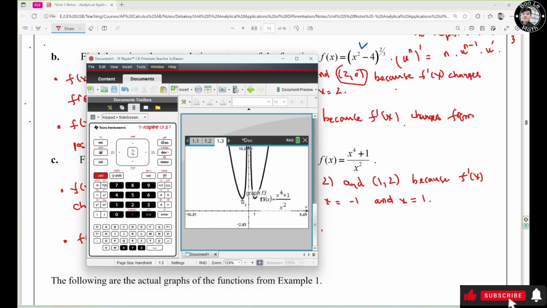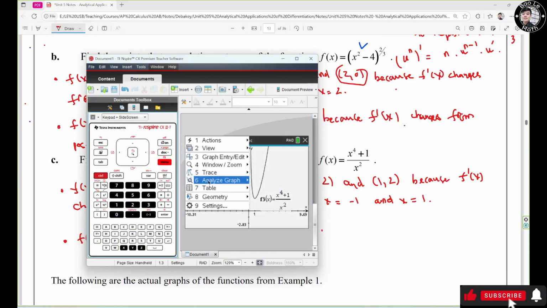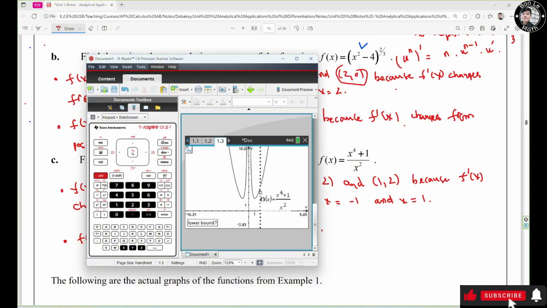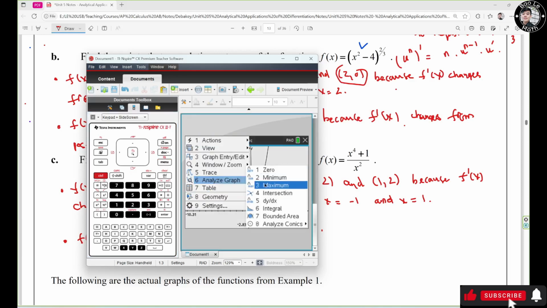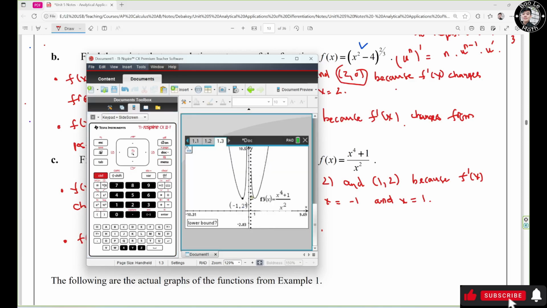You only have two relative minima right here, right? So you need to hit menu, number, set, minimum, move to the left, move to the right. The first relative minimum. Now similarly, menu, number, set, number 2, move to the left, move to the right. The second relative minimum, right? And it's your time to stop.